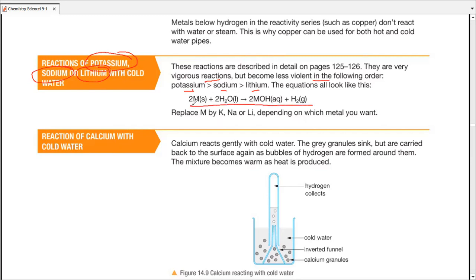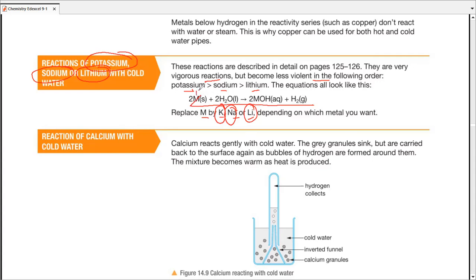This is what happens in an equation. Just replace the M by K, Na, or Li, which means the equation is pretty simple to follow. Every time the equation is balanced by the exact same numbers, whether we follow the equation for potassium, sodium, or lithium, it goes in the exact same way.